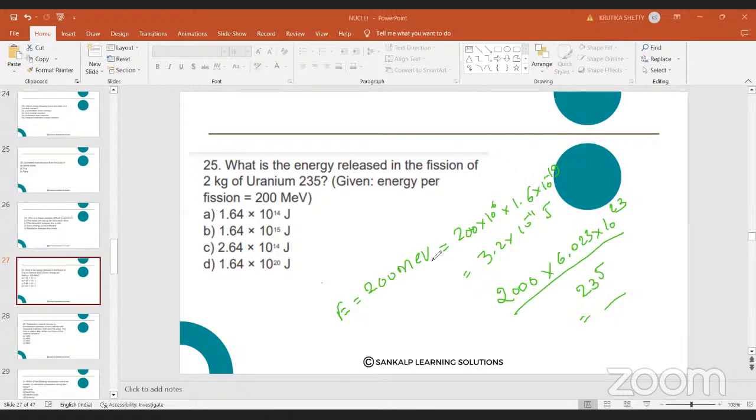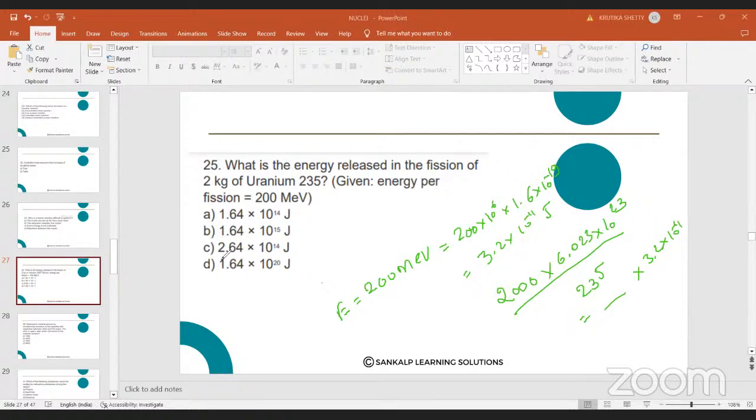The energy released for 2 kg of uranium-235 is given by 2000 into the Avogadro number upon 235. So simplify that, multiply it with 3.2 into 10 raised to minus 11. What do you get? C. Yes, I'll take the answer C. Okay, so the correct option is option C. That is 2.64 into 10 raised to minus 11.